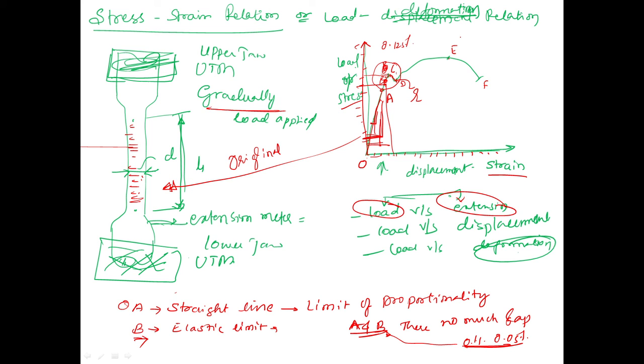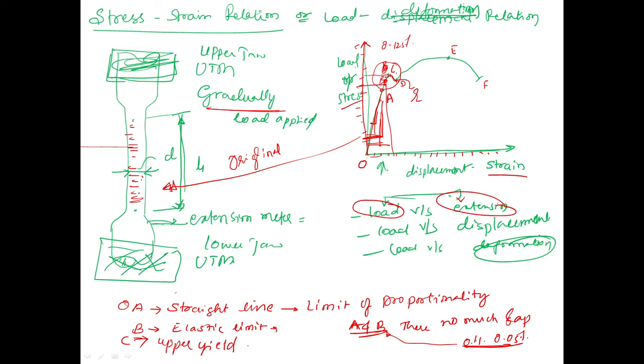So now the point C is noted as the upper yield point. Means from this point onwards yielding starts. Actually after point B, when it exceeds the elastic limit, the yielding will start.